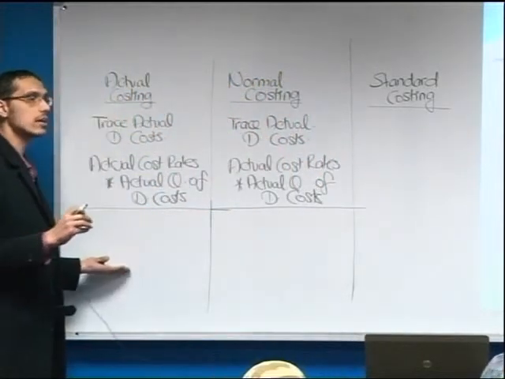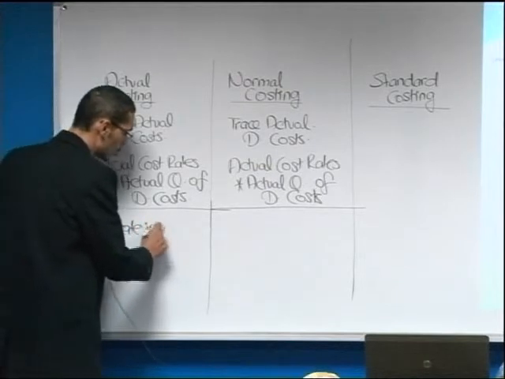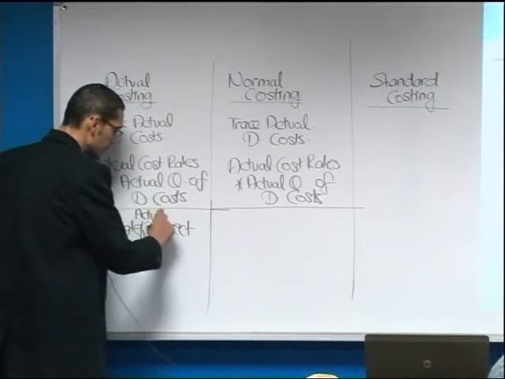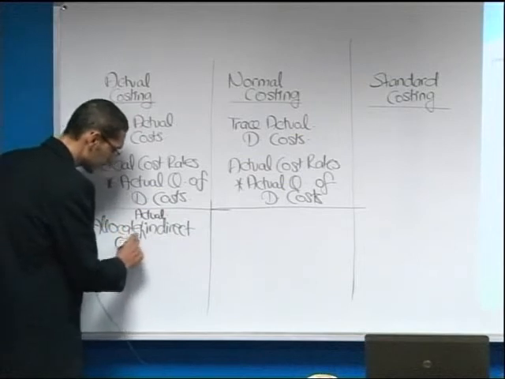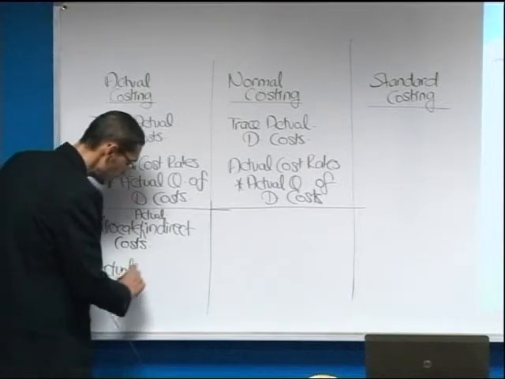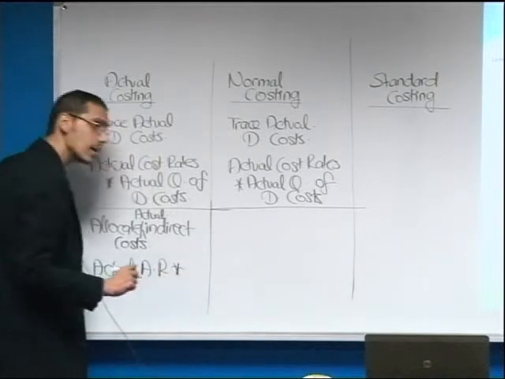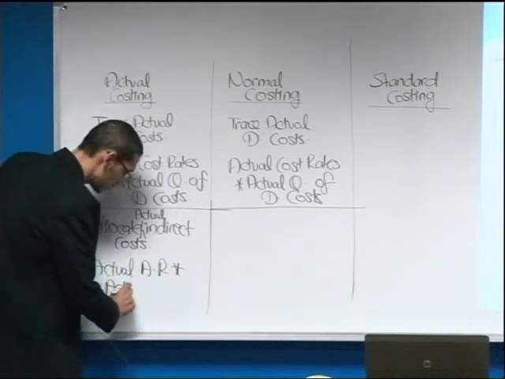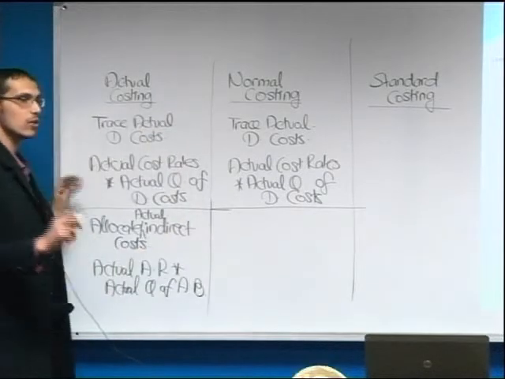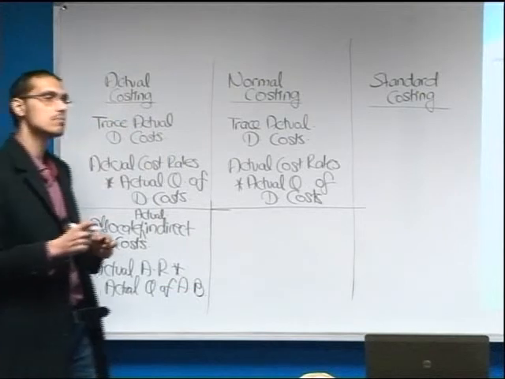According to actual costing, we allocate actual indirect costs by multiplying the actual allocation rate by the actual quantity of the allocation base.